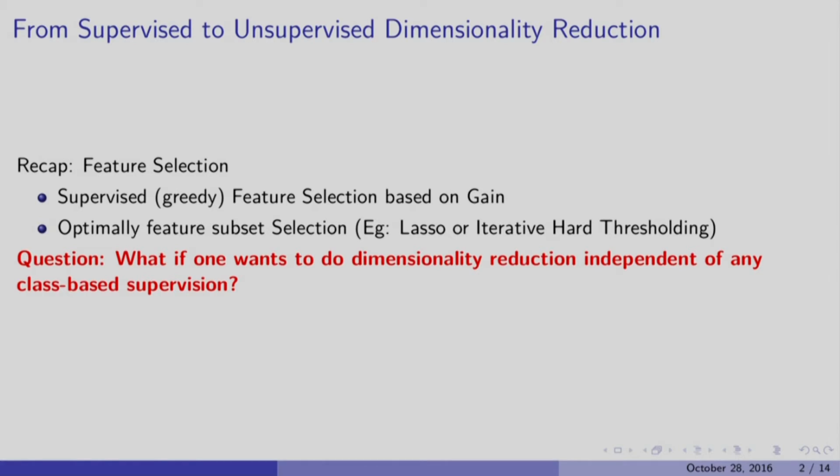So, a recap of supervised feature selection. We discussed greedy feature selection based on criteria such as information gain. We had talked of information gain with respect to criteria such as entropy, Gini index, and the classification error.